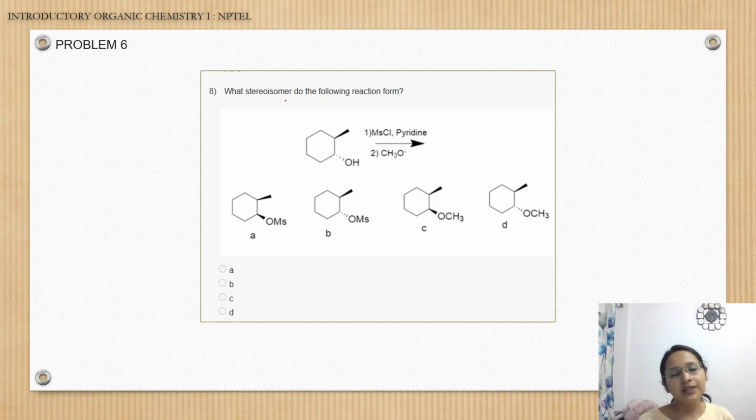What stereoisomer does the following reaction form? So now they're asking straightforwardly what is the stereoisomer that would be formed in this particular reaction. Again, first of all, the first reagents are methanesulfonyl chloride and pyridine. Tell me, in the first step, what is happening?